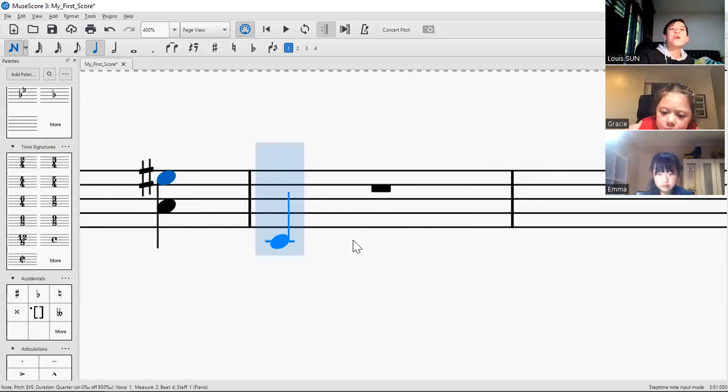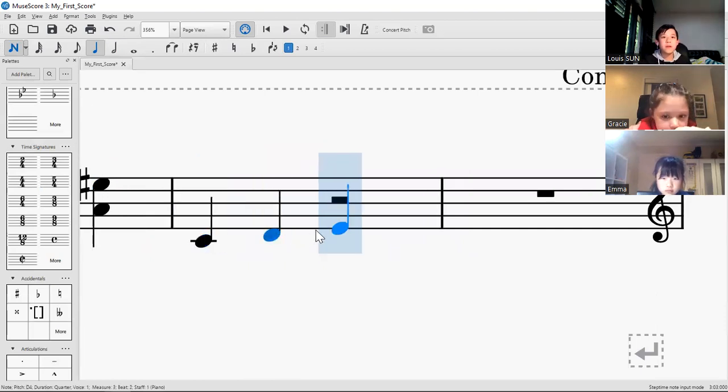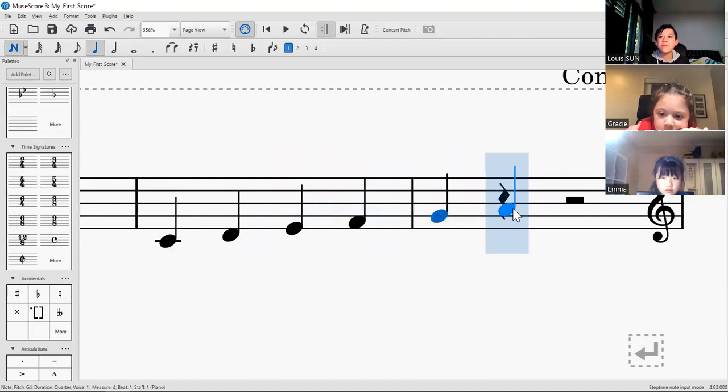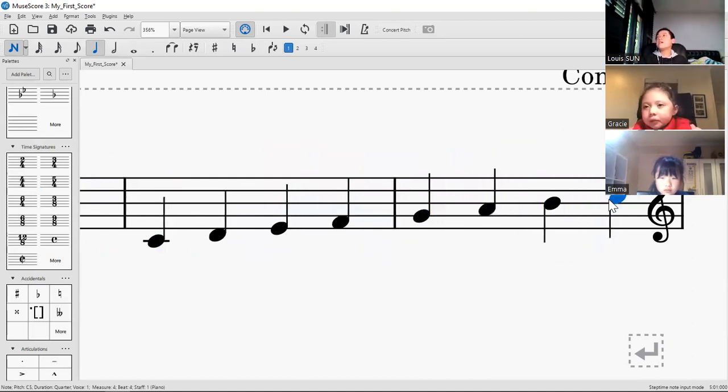Let's take a look at where you might be able to find, firstly, an augmented fourth or a diminished fifth. Here is C major. Now, fun fact. A diminished fifth or an augmented fourth, firstly, they're the same thing.